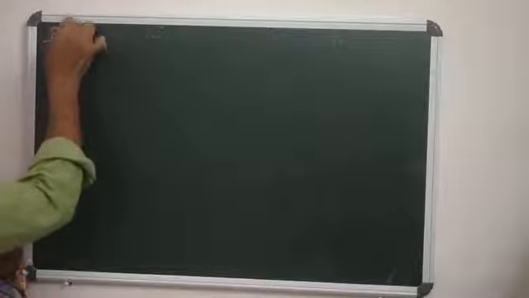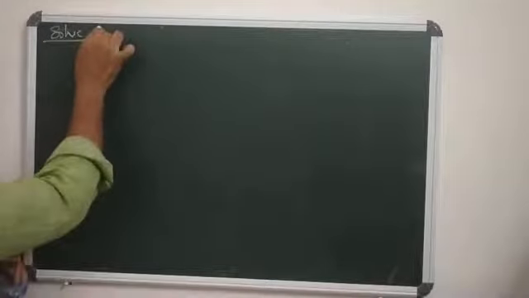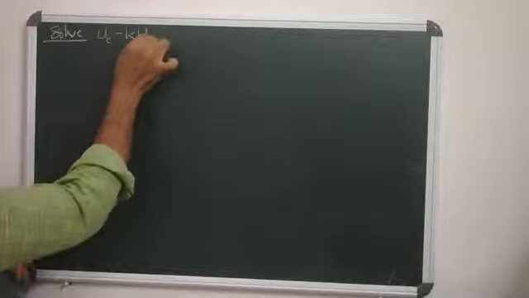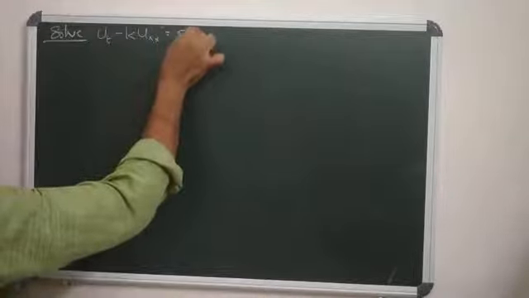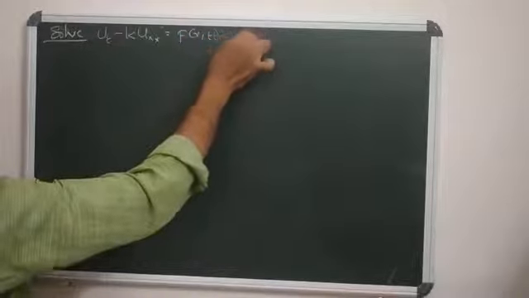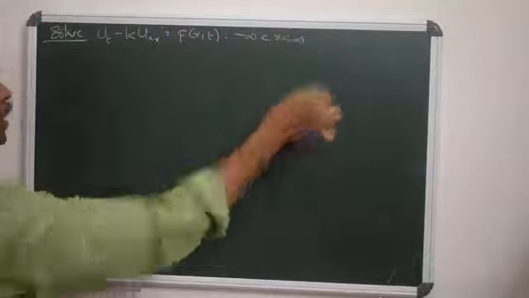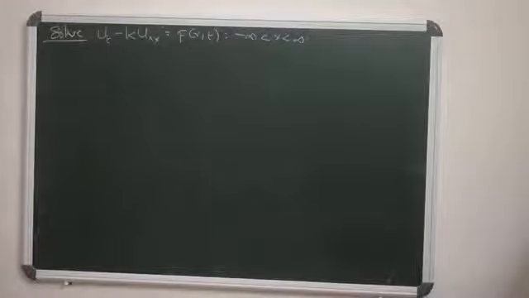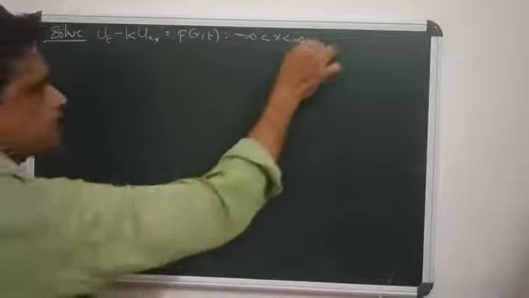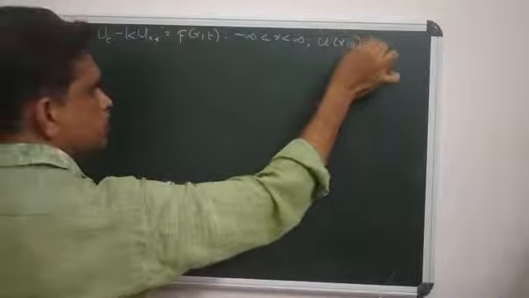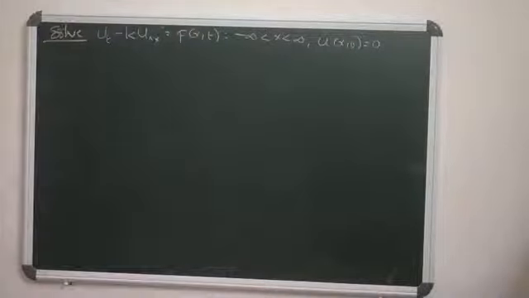So consider, solve ut minus kuxx equals f of xt, where x lies between minus infinity and plus infinity, and ux0 equals 0 with the initial condition, using Duhamel's principle.